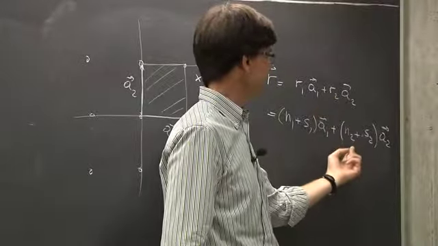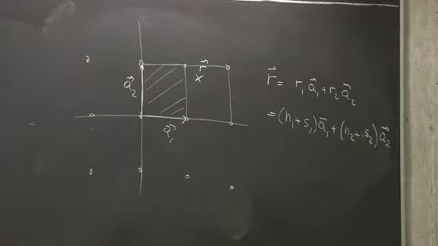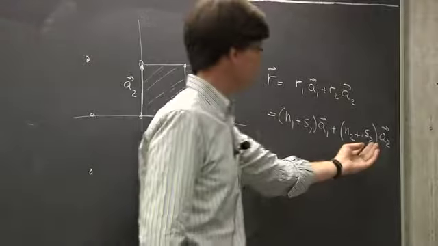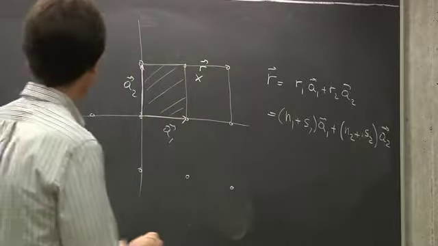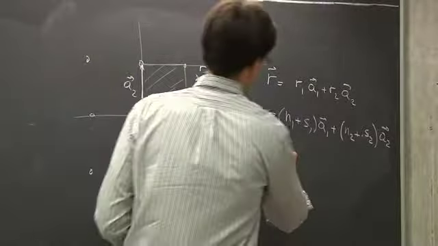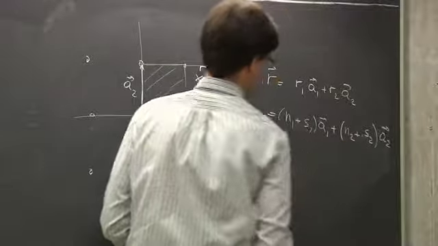Any real number, I can express with the closest integer, on the left side, let's say, and a number S that is between 0 and 1. So what I'm saying is exactly what I just said before: if I group N1 and N2, this is a Bravais lattice point.